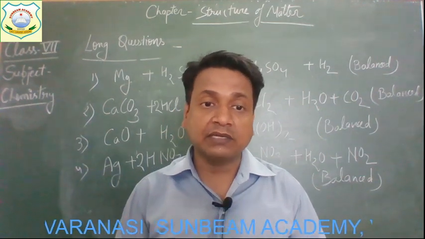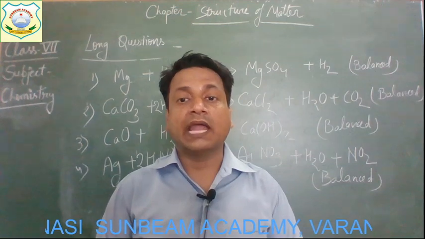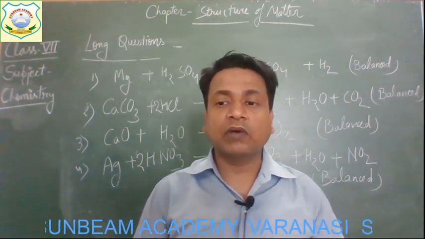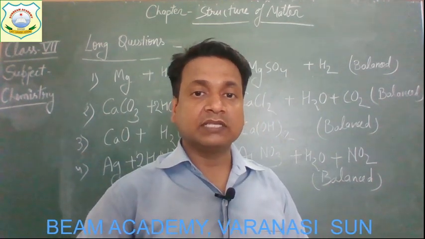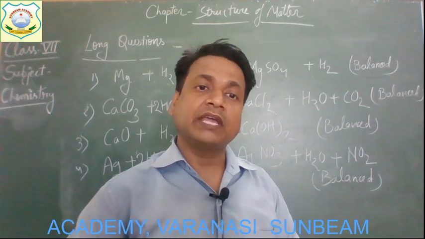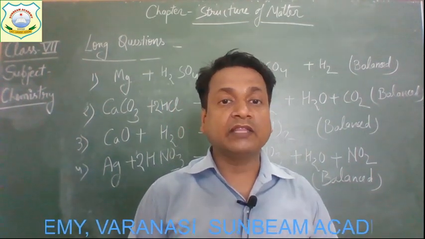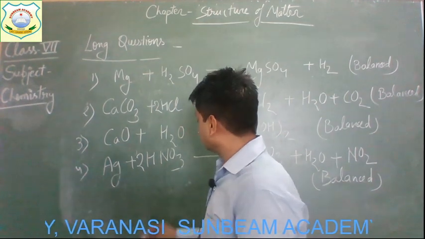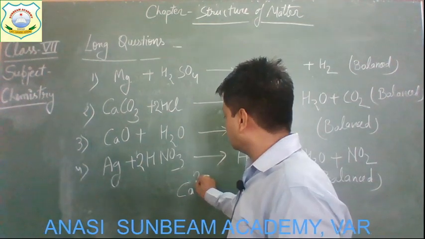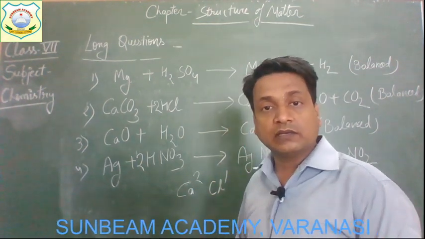Okay, and the elements in calcium chloride are calcium and chlorine, and the valency of calcium is 2 and the valency of chlorine is 1. Okay, so on the basis of the given hints, that is the names of elements and the valency, we can frame the name of the compound. So we write them as calcium, which has the valency 2, and chloride, which has the valency 1.